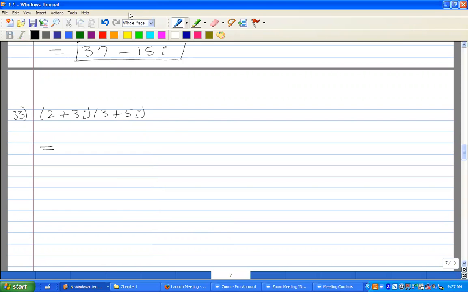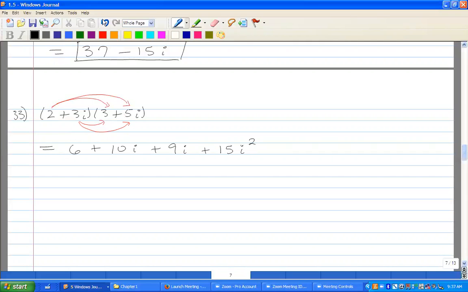To do this, let me just multiply first. So let's use the distributive property. 2 times 3 is 6. 2 times 5i is 10i. 3i times 3 is 9i. 3i times 5i is 15 i squared.